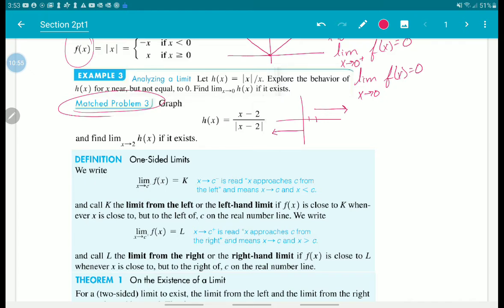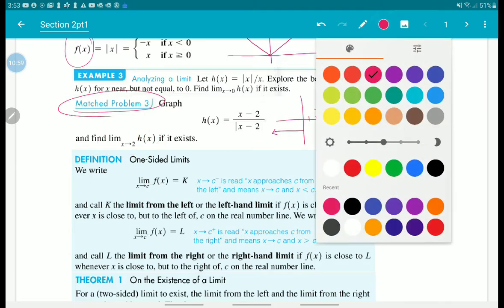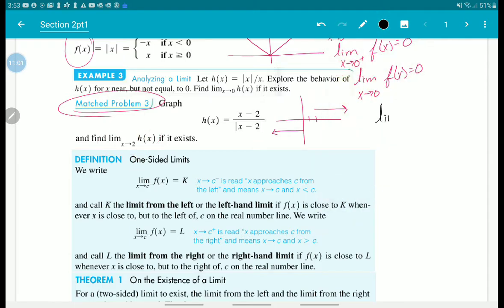Let's talk about the behavior as we get close to 2. So we're going to find the limit as x approaches 2 from the left, the limit as x approaches 2 from the right, and then the limit as x approaches 2.